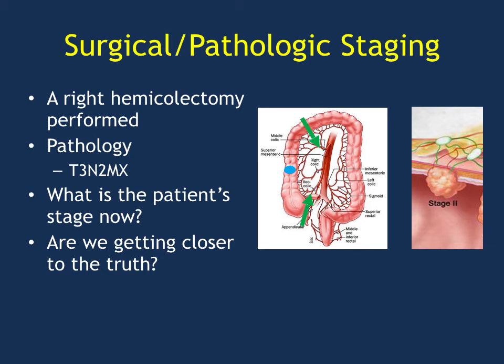So from Mr. A's standpoint, he is hoping that his cancer has been removed and he has an excellent chance for cure, but we don't know, and that's the psychological burden that patients with cancer have. Is this the true stage of his cancer?